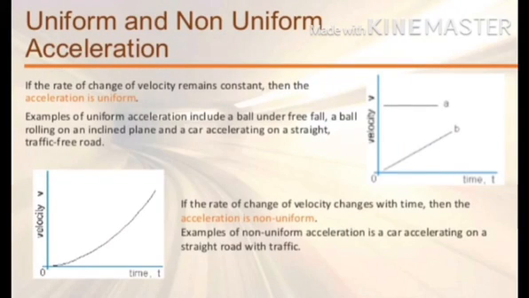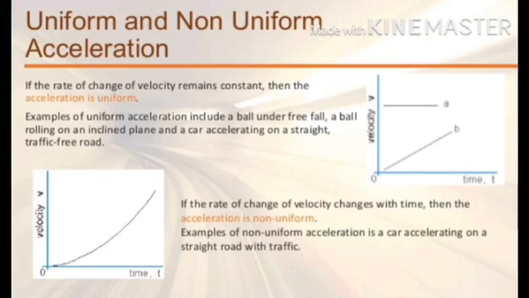Now see uniform and non-uniform acceleration. Uniform acceleration. The acceleration of a body is said to be uniform when the velocity of the body moving along a straight line changes by equal amounts in equal intervals of time, that is, when the velocity of a body changes at a uniform rate, it is said to have uniform acceleration.